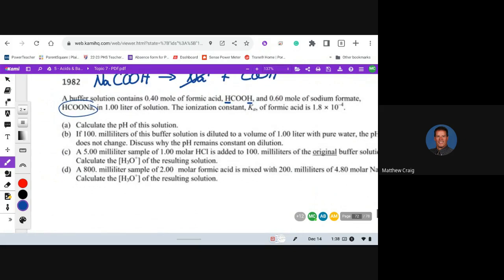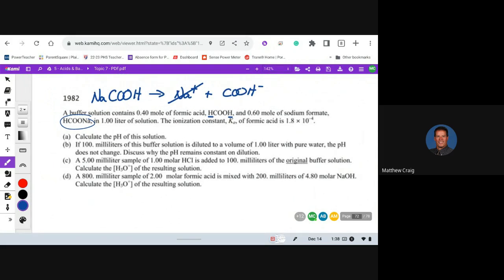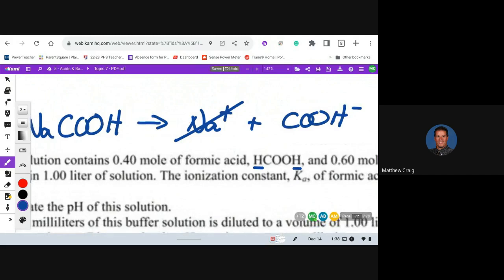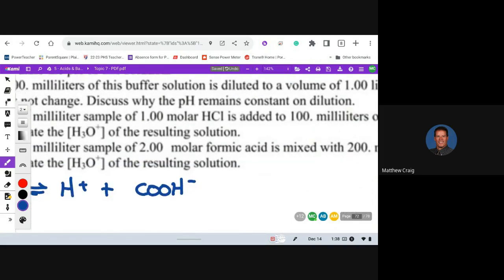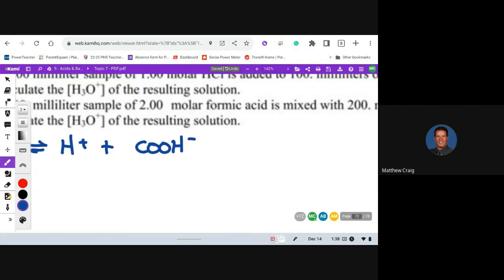Okay, and so we've got our formic acid, the HCOOH. That breaks apart into hydrogen and formate. And we have 0.4 moles of the formic acid in 1 liter. Boy, that's nice. That's easy to do.